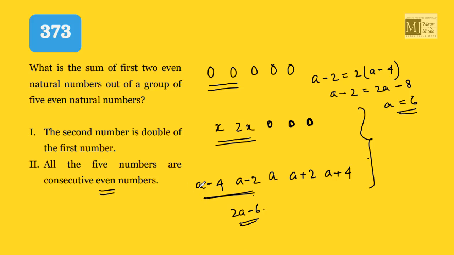That means my numbers are 6 minus 4, that is 2, then 4, then 6, then 8, then 10. I can have the sum of the first two numbers. The sum of the first two numbers is 2 plus 4 equals 6. So when I have taken both the statements together, then it is possible for us to find the answer to this question. Option C fits in.